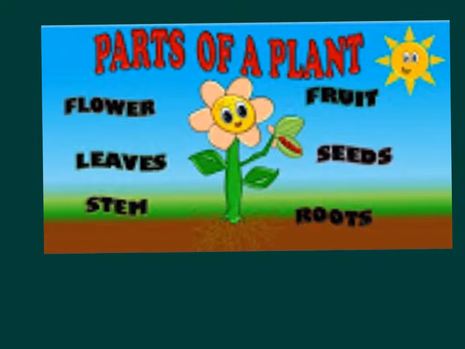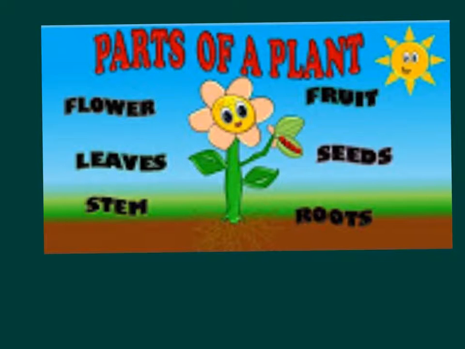Today we're going to be talking about parts of the plant and their functions. As we talk and discuss what's going on within a plant, we're going to be mentioning some of these words, and you're going to find out why they're important.